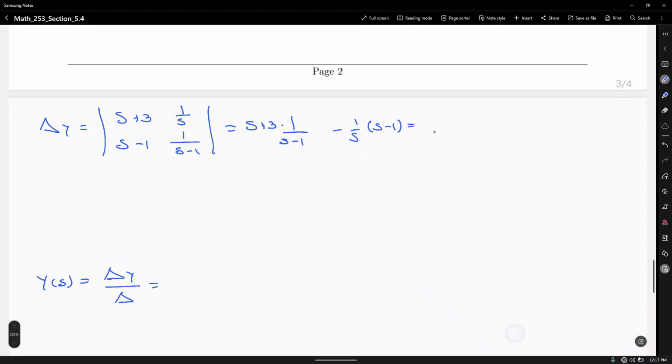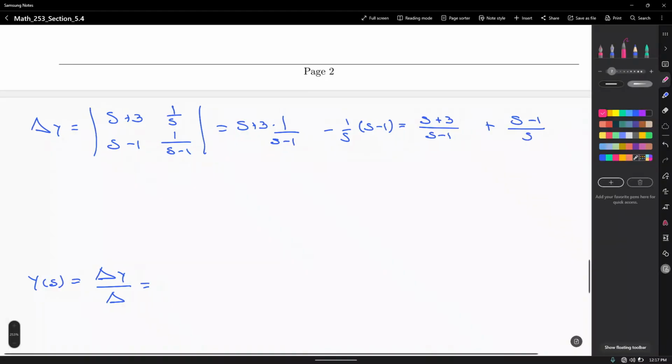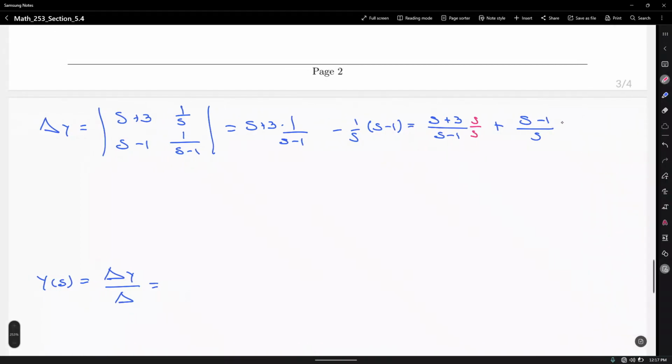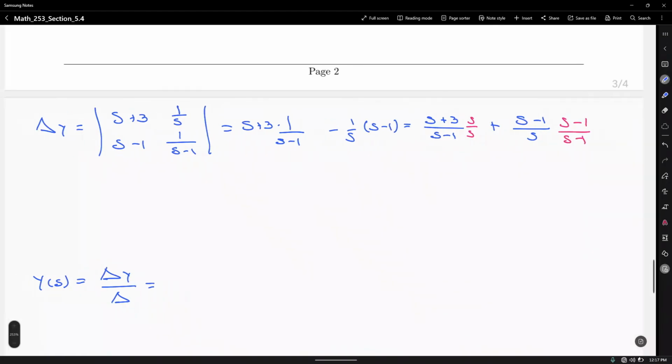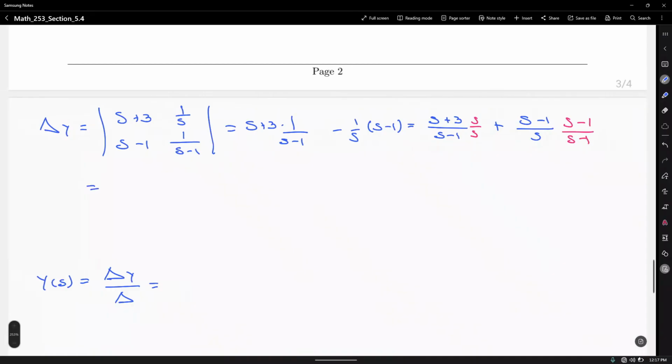Let me rewrite in a nicer way. That'll be s plus 3 over s minus 1. I'm going to leave some space for missing factors. That's plus, what is that, s minus 1 divided by s. So I'm going to multiply the numerator and denominator of the first fraction by s, and the numerator and denominator of the second fraction by s minus 1. This is so we can have a common denominator and combine into a single fraction.